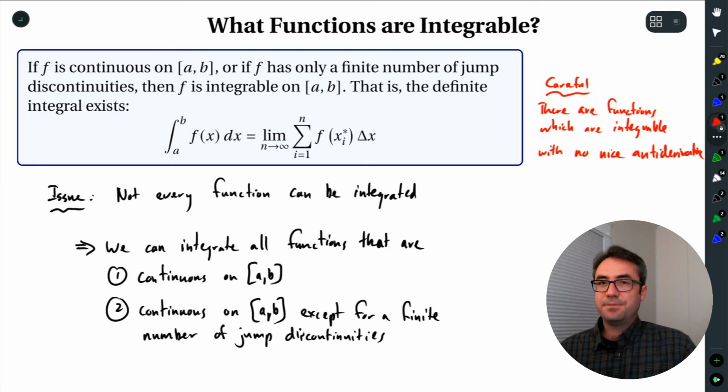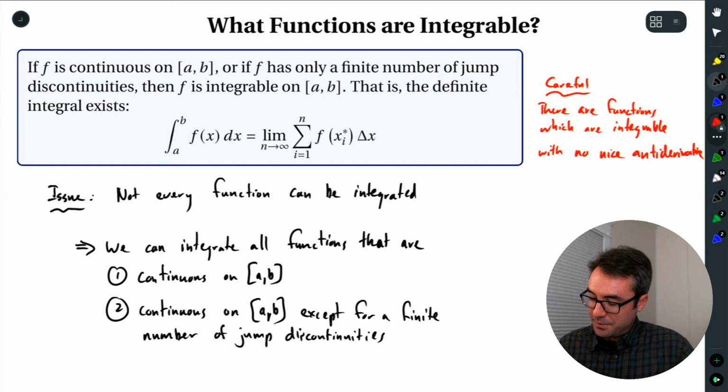So there are integrals out there that we technically should be able to do, but if we wanted to use the fundamental theorem of calculus, the function doesn't have a nice antiderivative. And so it becomes a much more difficult task to integrate that function.